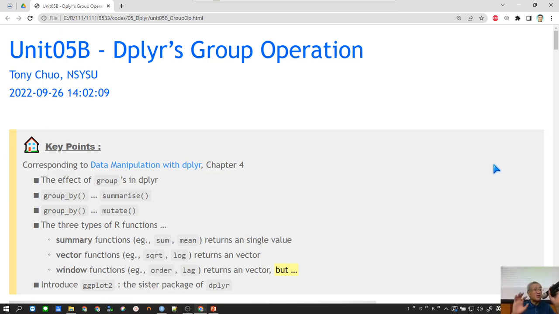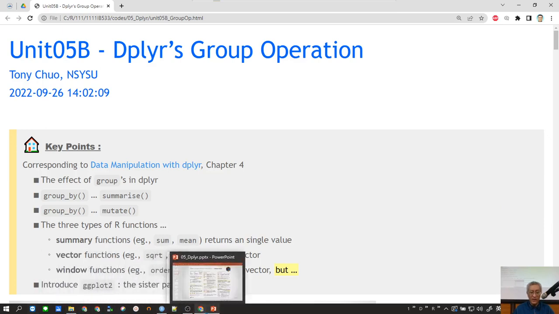Okay. Let's do it this way, in the reverse order, right? As I told you, when is our midterm? Does anyone have an idea which week we will have a midterm?